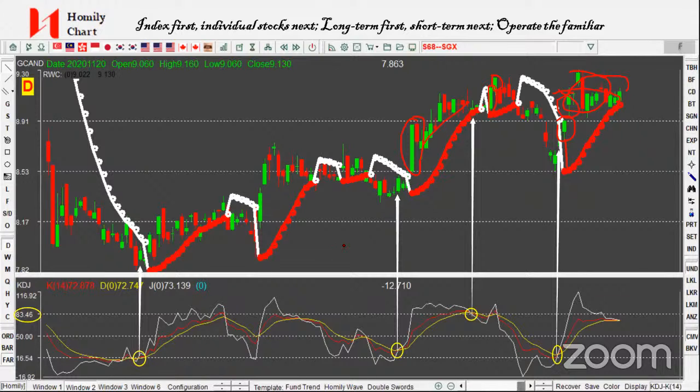So why is the red and white circle not so accurate or useful for SGX for this period? Because, as we have mentioned, the red and white circle is mostly used in the unilateral market, unilateral rise.